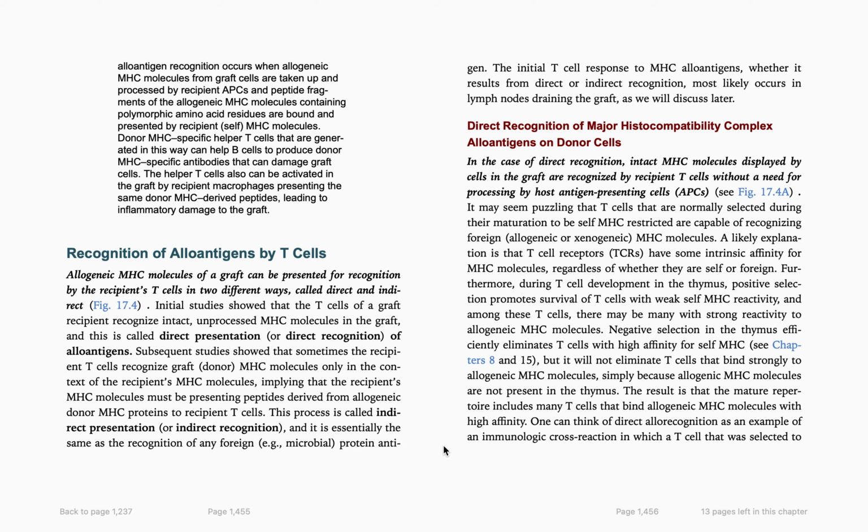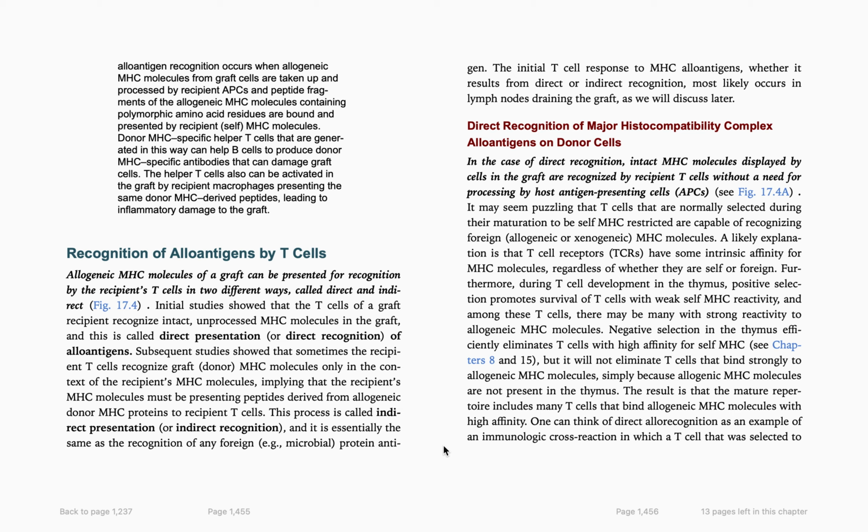Direct recognition of major histocompatibility complex alloantigens on donor cells. In the case of direct recognition, intact MHC molecules displayed by cells in the graft are recognized by recipient T cells without a need for processing by host antigen presenting cells. It may seem puzzling that T cells that are normally selected during their maturation to be self-MHC restricted are capable of recognizing foreign, allogenic or xenogenic MHC molecules.